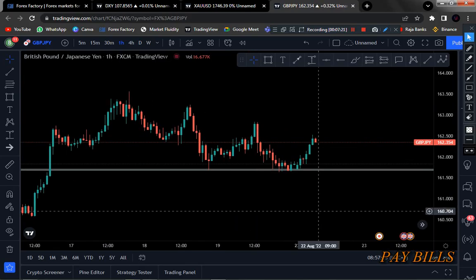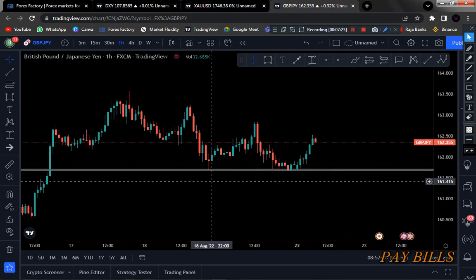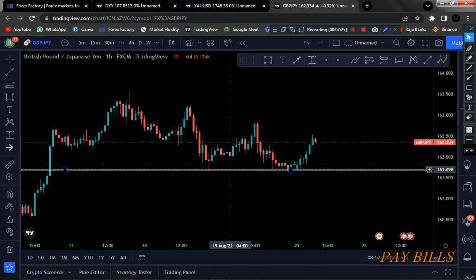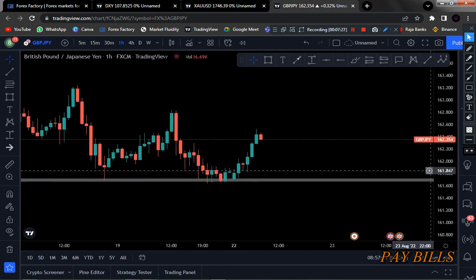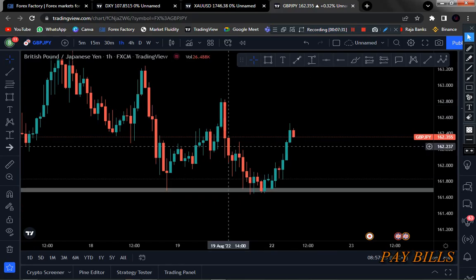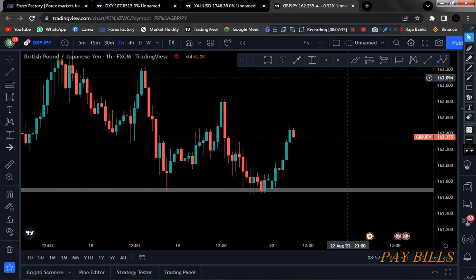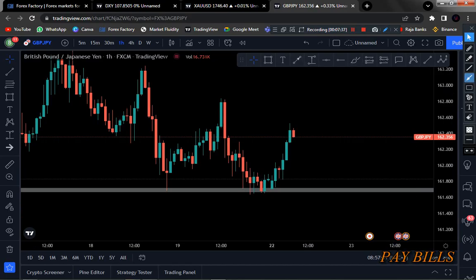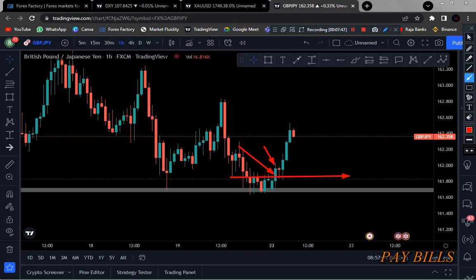If we take a look on 1 hour, the price has to break below this area. Now the price is just fulfilling this range. There was a trade in the Asian session. If one would have taken it for the buy, when we broke above this area, on this candle, the next candle was a retest candle.